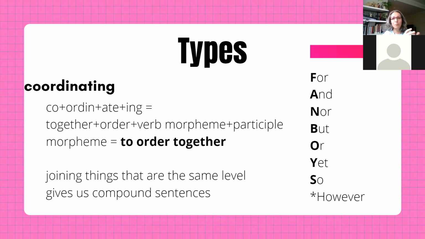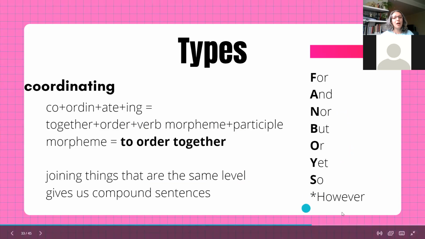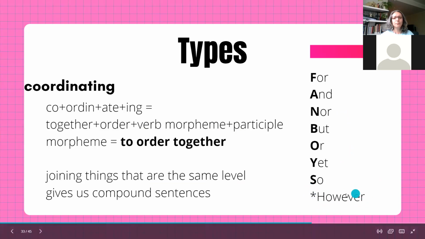And one way to remember the coordinating conjunctions, there's 7 of them, is this word here, FANBOYS. Can you see the word FANBOYS? And they're as follows: for, and, nor, but, or, yet, so. Sometimes, however, can be used as a coordinating conjunction.